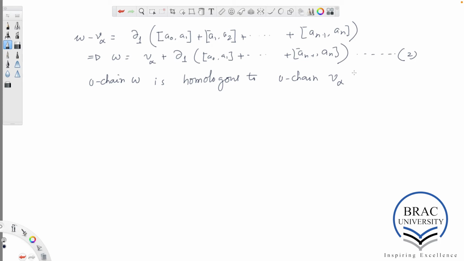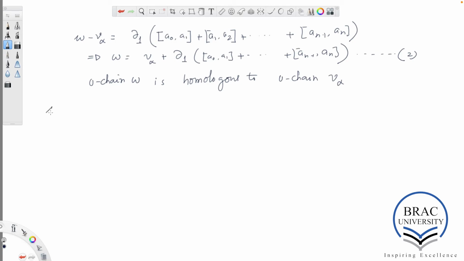Okay, so it's important to note here that we are engaged in abuse of notation again. Both the vertex and the zero chain, the elementary zero chain to be more precise, corresponding to that vertex are denoted by the same symbol.